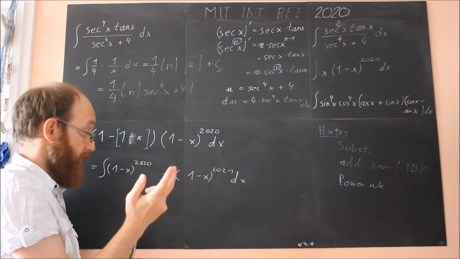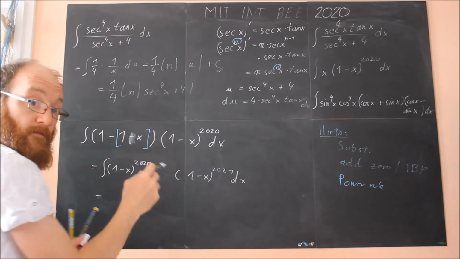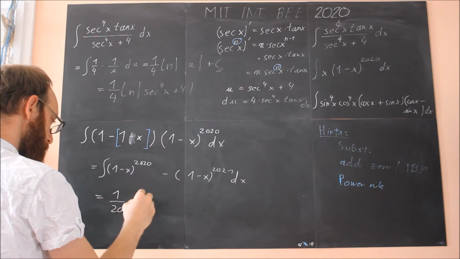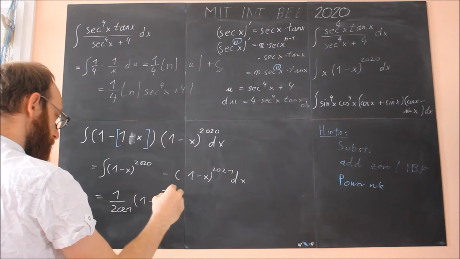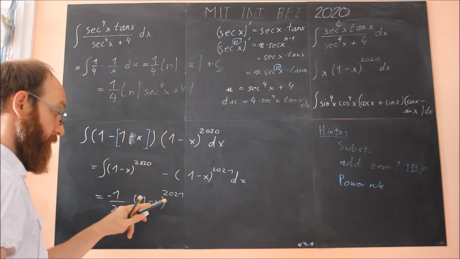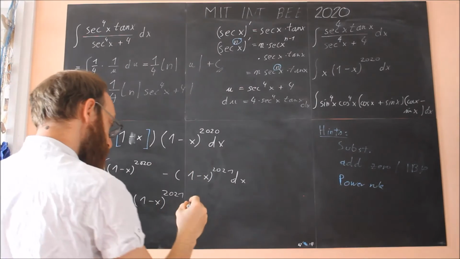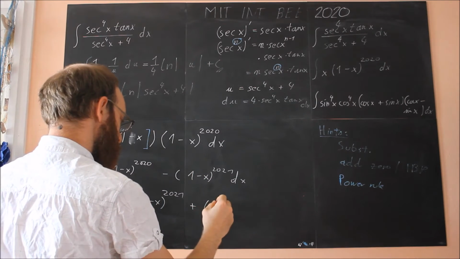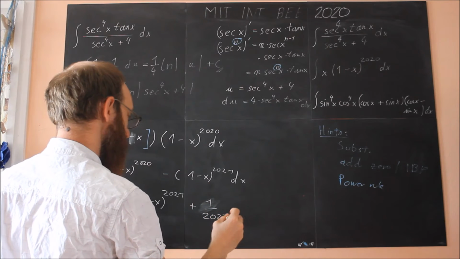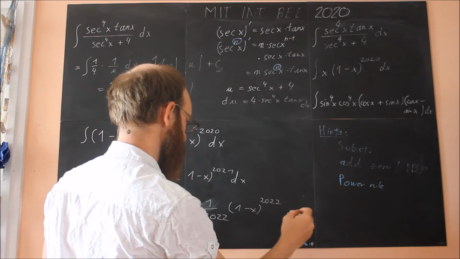And now we can integrate very easily. We have to take care of the minus. So we have 1 over 2021, 1 minus x to the power 2021, and a minus from here. And then minus, and we get also a minus from that, so plus 1 over 2022, 1 minus x to the power 2022, plus some constant.